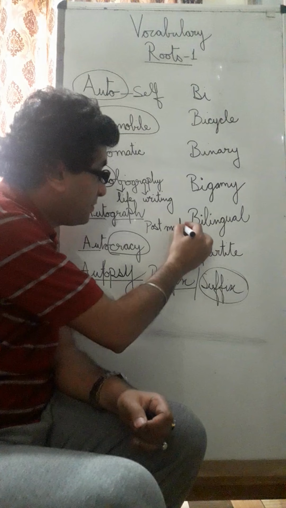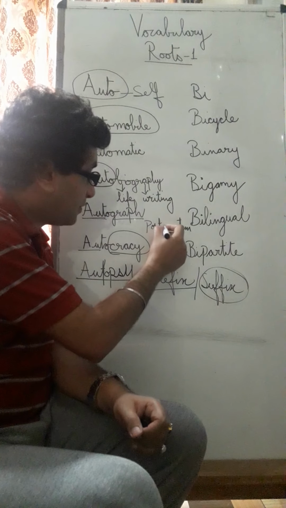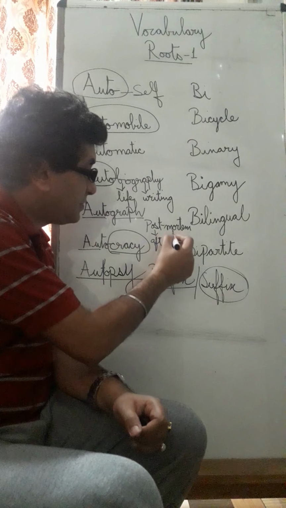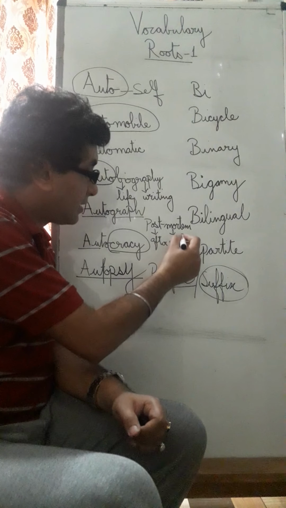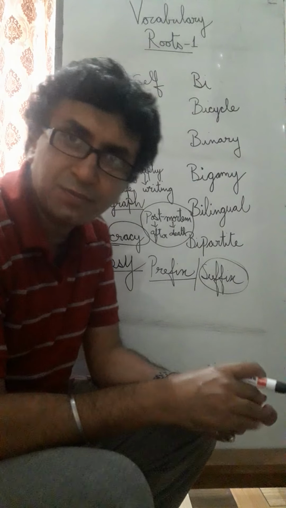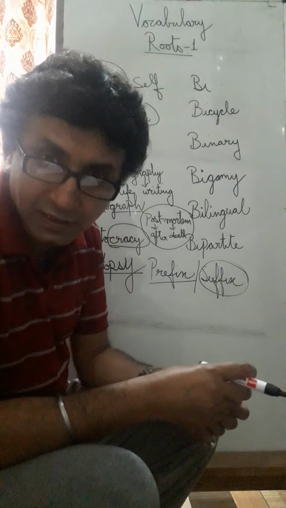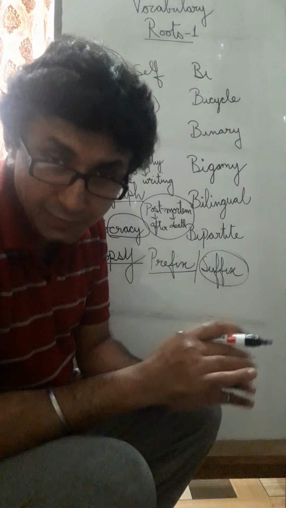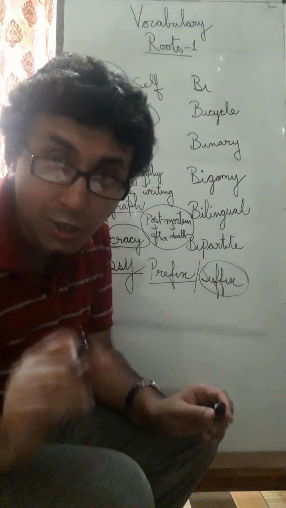See, we are going to so many roots today. Post-mortem. Post means after. Mortem means death. Right? So post-mortem is not a process. Post-mortem is simply a word which means after death. So you don't conduct a post-mortem, you conduct an autopsy. You conduct an autopsy post-mortem.